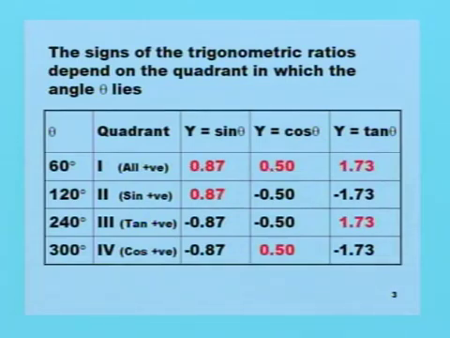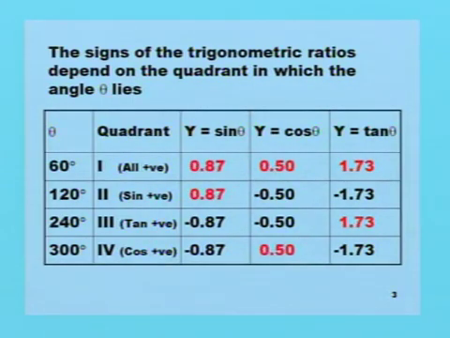When theta is 240 degrees, the angle will fall in the third quadrant, and in the third quadrant the tan only is positive. All the other ratios are negative.